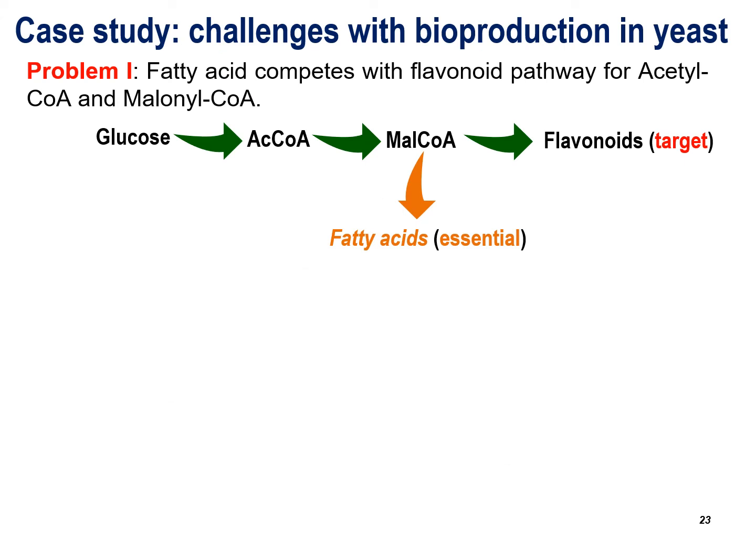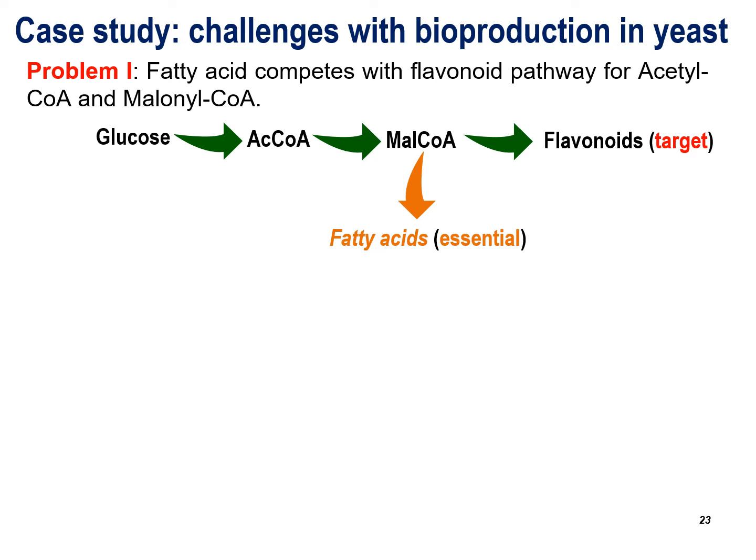So the second intelligent control system, we can apply it to mitigate competing metabolic flux. At the same time, we can stabilize long-term strain performance. I'm going to give you one example to address some of the challenges with bioproduction or biomanufacturing.